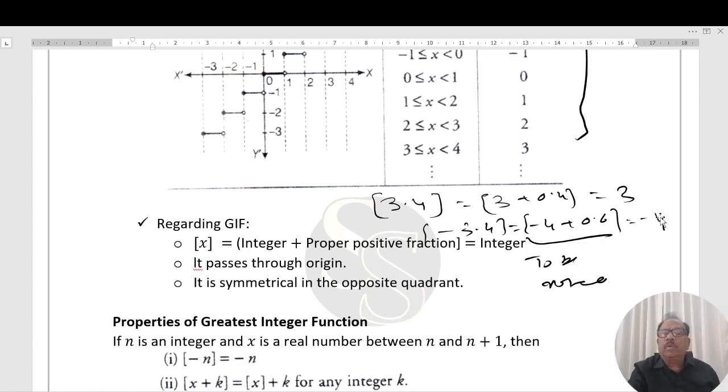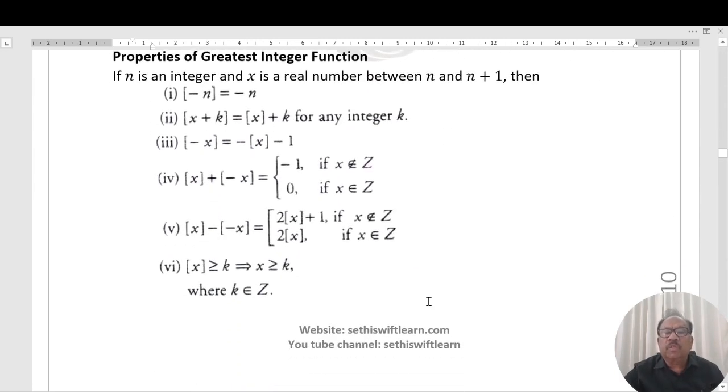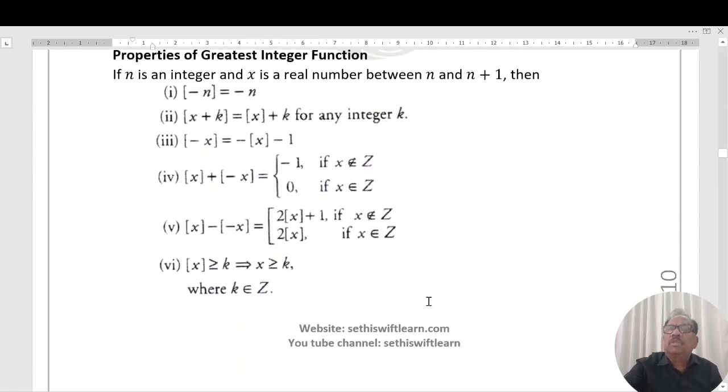Regarding this, integer plus proper positive fraction, the fraction should be positive, then the answer will be the integer. In this case, 3 plus 0.4, answer is 3. In this case, minus 3.4 is minus 4. It is symmetrical in the opposite quadrant, right? Now, detailed properties of this will be discussed in the next session.